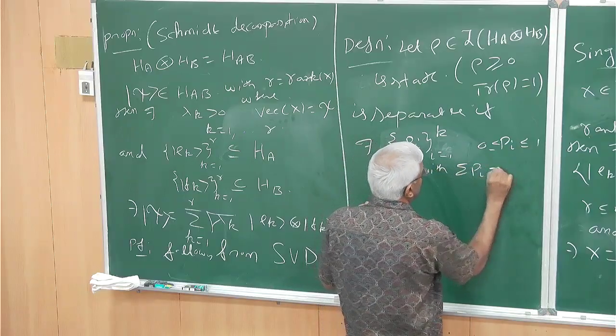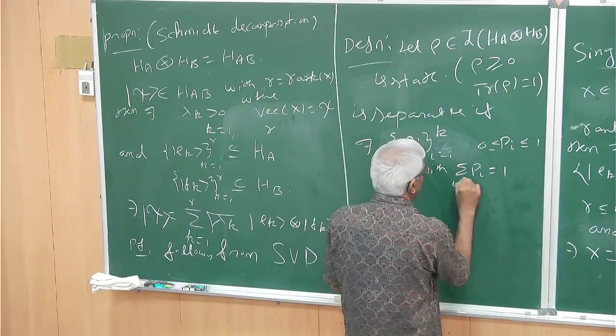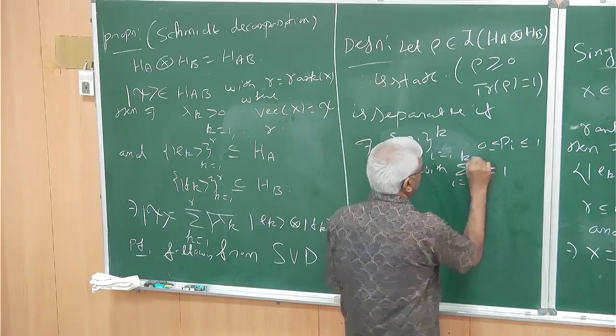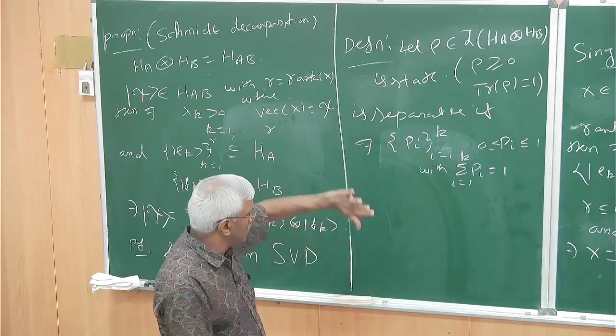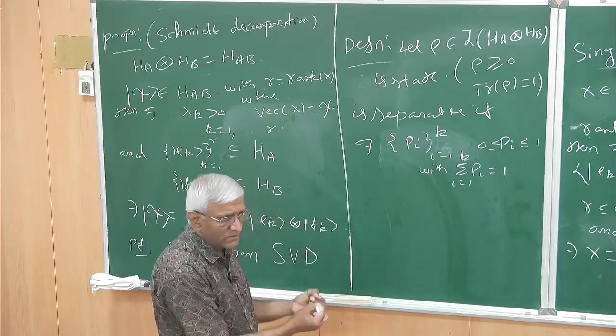There exist k numbers between 0 and 1. This is like a finite probability distribution.